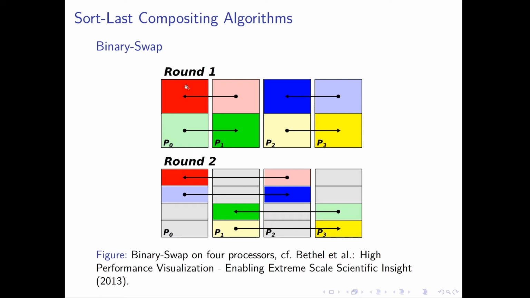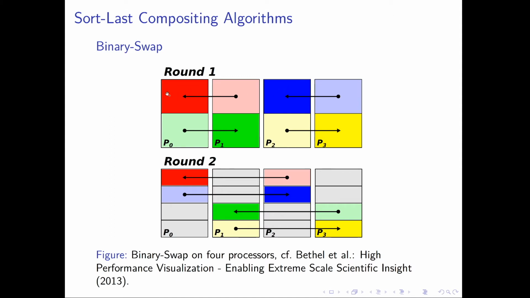They only composite it with respect to the shares of processor P0 and processor P1. When this round has finished, we'll have 2 half intermediate images that only contain the fragments from processors P0 and P1. We are not finished yet, because we also need the result from processors P2 and P3, and those at the same time do the very same thing.